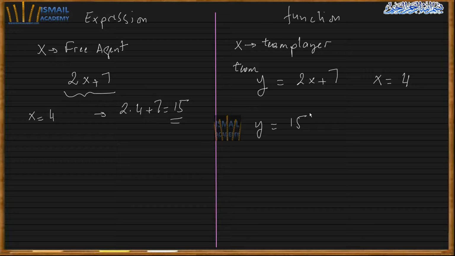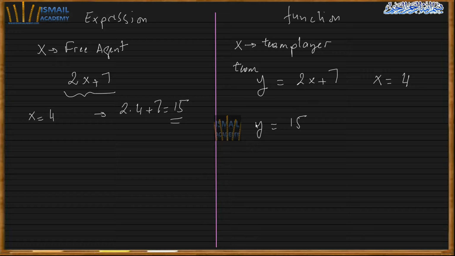Here is different. What's the difference here? This team, or the y, expects an input from the x to get its output.